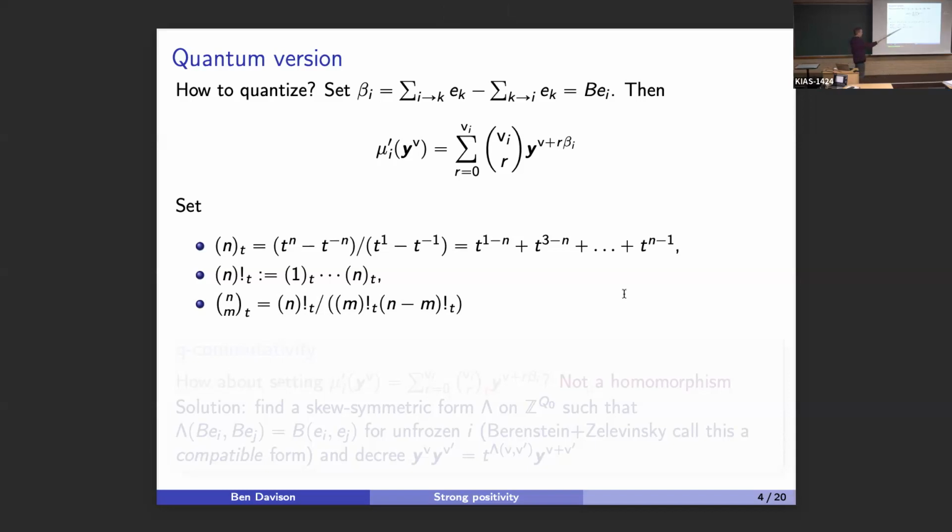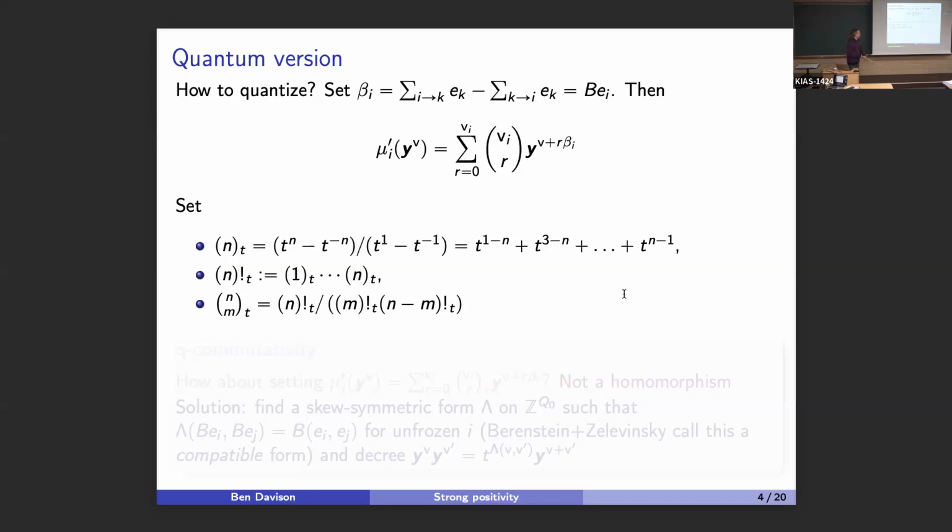It's n factorial over m factorial times n minus m factorial. And if I just quantize everything in sight, that gives me quantum n choose m. So that's some Laurent polynomial in t, such that if I put t equals 1, I get n choose m. Yeah, it's a sort of richer object.